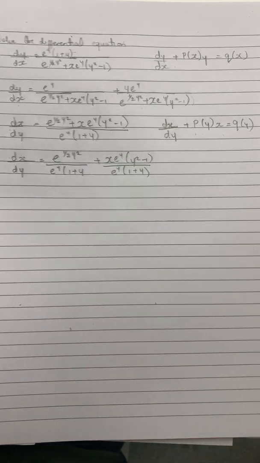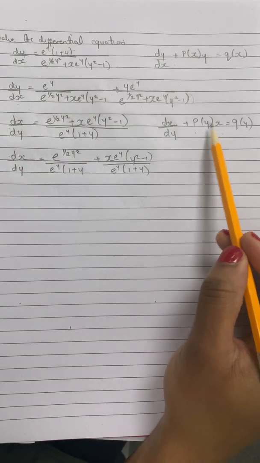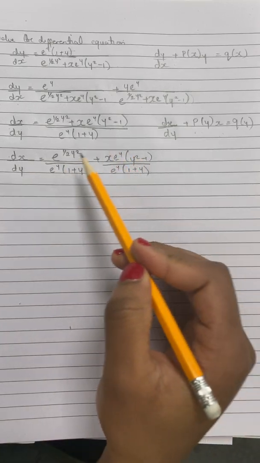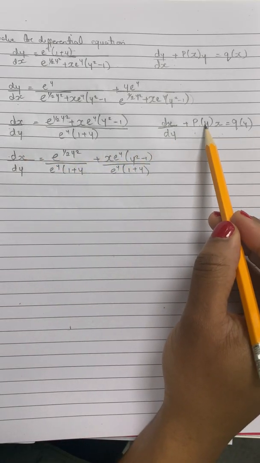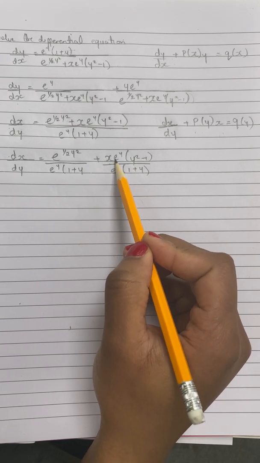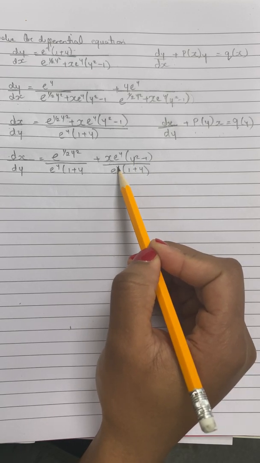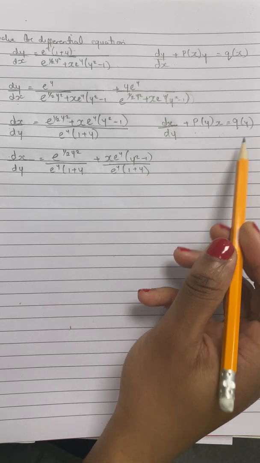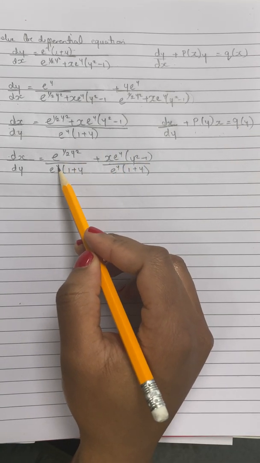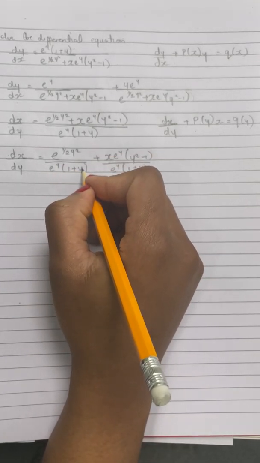Now we can see that we can get this equation into this format, because dx divided by dy, and our p of y is going to be e to the power of y times (y squared minus 1) divided by e to the power of y times (1 plus y), and our q of y is going to be e to the power of 1 over 2 y squared divided by e to the power of y times (1 plus y).